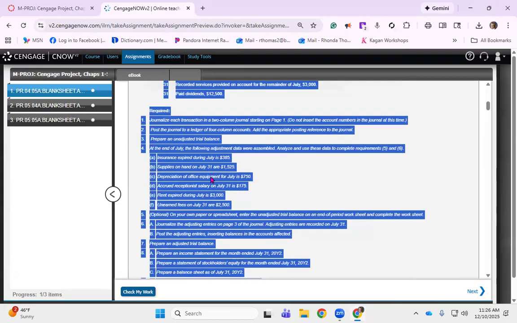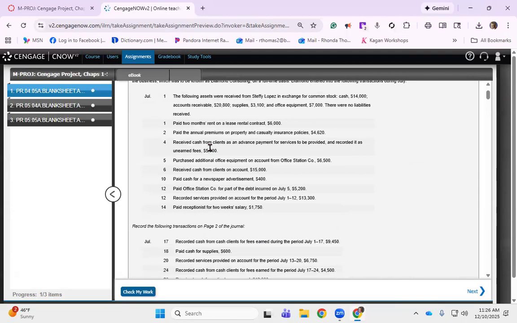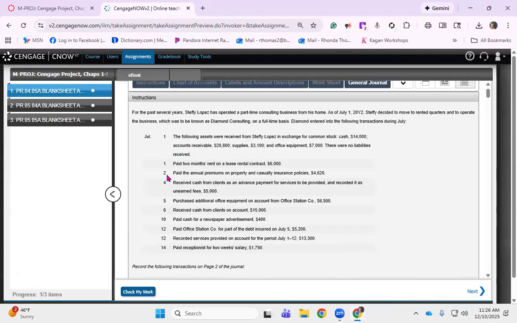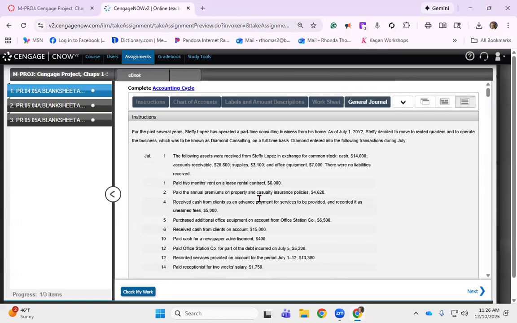Okay. And we're going to go through the accounting cycle. We have these 1, 2, 3, 4, 5, 6, 7, 8, 9, 10, 11, 12, 13, 14, 15, 16, 17, 18, 19, 20. We have 20 transactions to journalize.